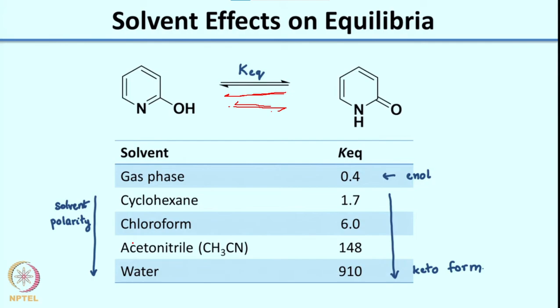Then we have discussed the solvent effect on equilibria, and we observe that when we are increasing the polarity, the keto-enol formation equilibrium changes. The keto form becomes more stable in more polar solvent. So as the polarity increases, keto form stability also increases.